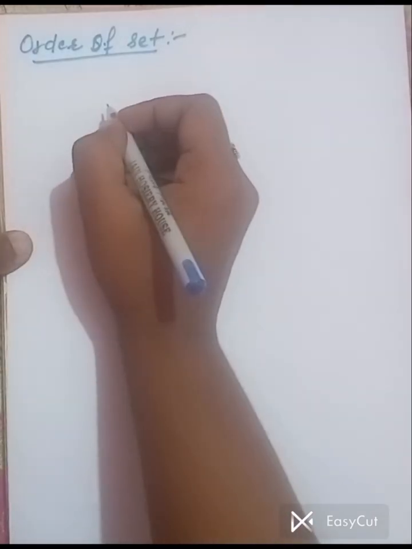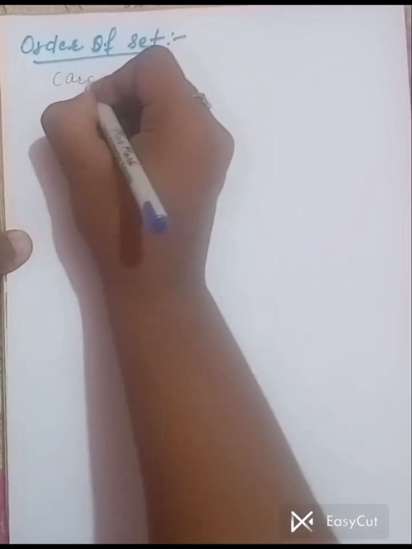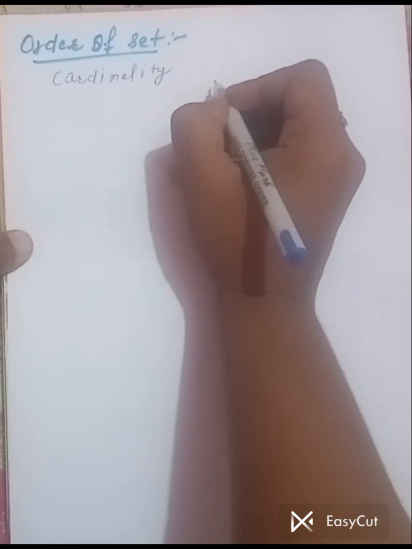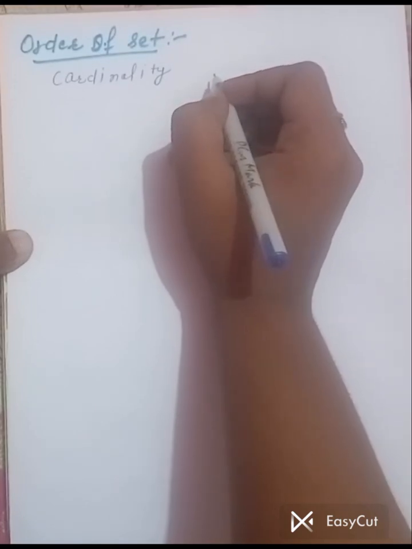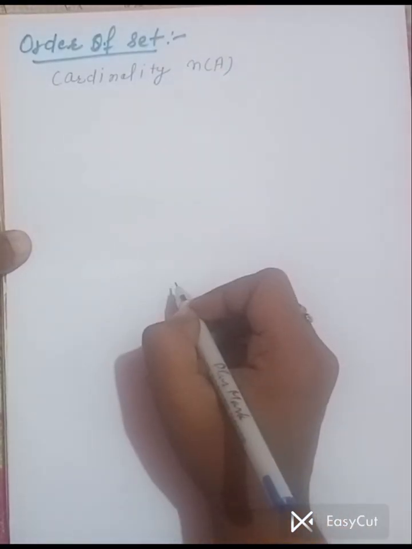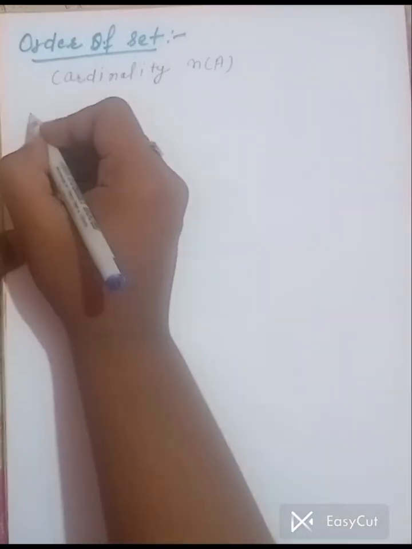So the order of the set is the number of elements in that particular set. Or we can say it as cardinality, and it can be represented as n(A). That is the cardinality. Okay. So we have now the infinite set.